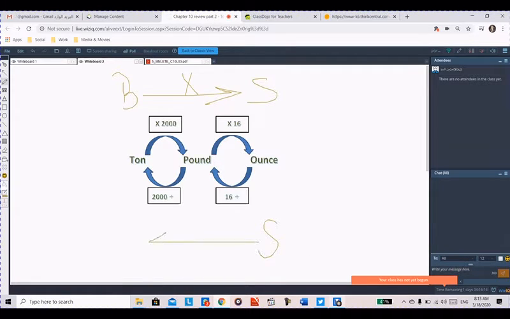From small to big, you have to divide. Okay, a ton equals 2000 pounds, and a pound equals 16 ounces.